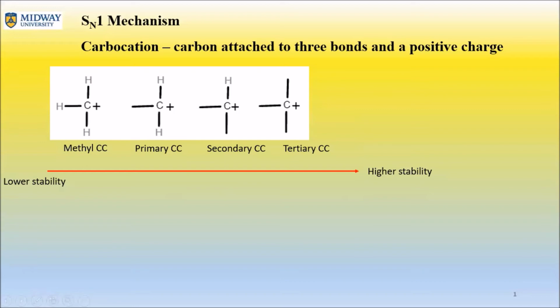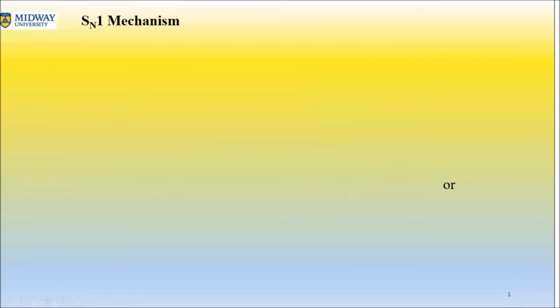Remember I said tertiary carbon substrates are exclusively dedicated to Sn1. Why? It's because tertiary carbon substrates can lead to tertiary carbocation formation, which in turn is a key to an Sn1 mechanism. Okay. Now let's look at the actual Sn1 mechanism.